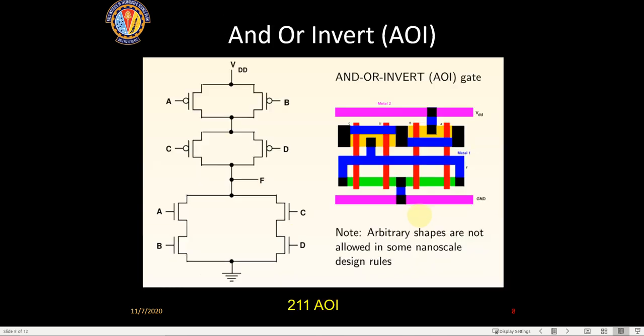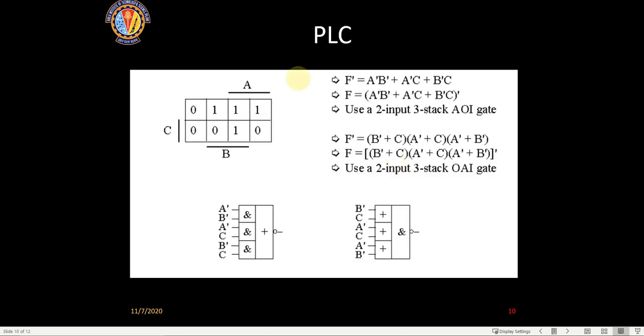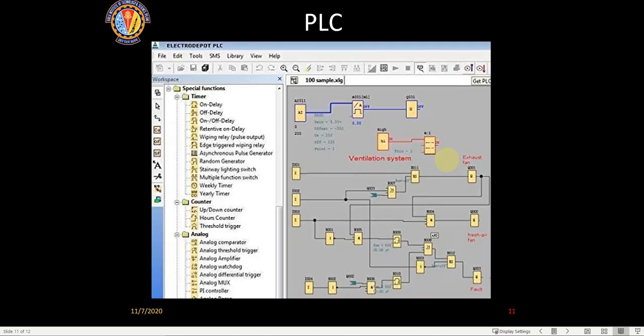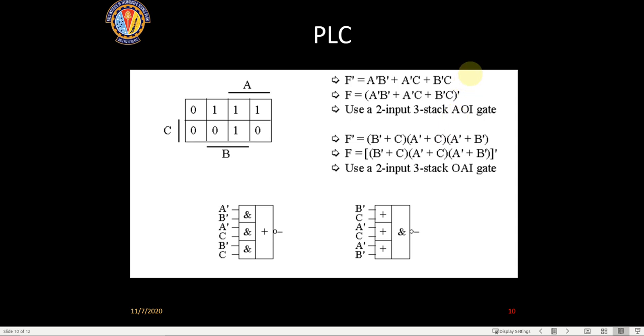But in future, if you get an opportunity to work in PLCs, being an electronics engineer, I have just introduced this topic, so you don't have to be very much scared about what a PLC is. It is very simple. It is like we use LTspice, we take various modules. Similarly, PLCs will have AND OR invert modules, and also OR AND modules.